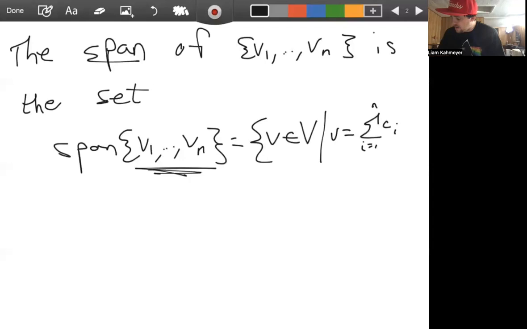So this would be the sum of ci vi, and we would also have ci in the reals, right? So the notion of a linear combination and the span, it's the same notions, right? Now we're just taking a more general approach because we're not looking specifically at vectors in Rn, we're looking at elements of an arbitrary vector space. Okay, so pretty easy to understand the definition since we've already done so much of this for Rn.